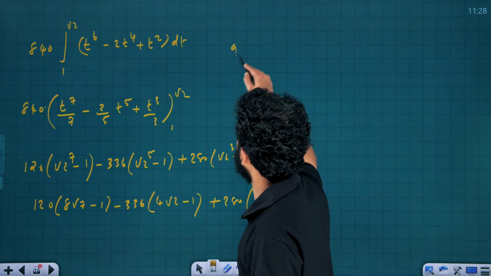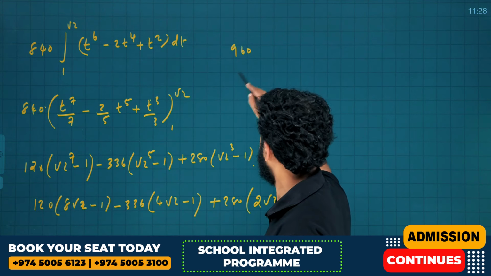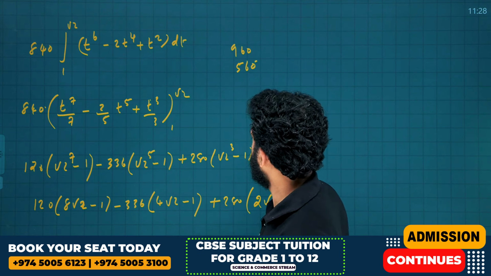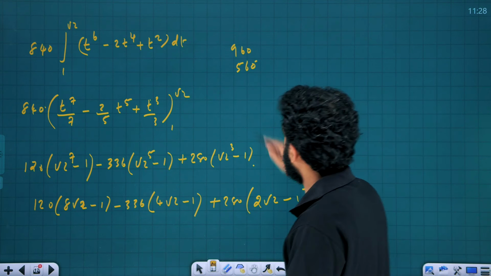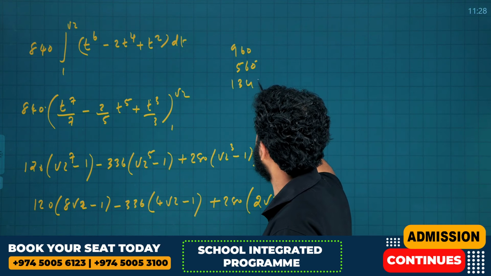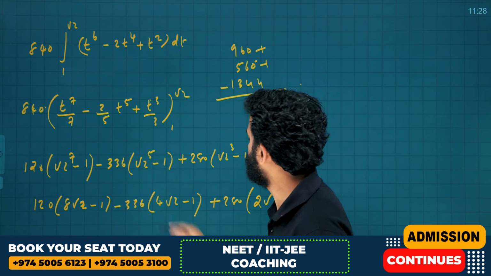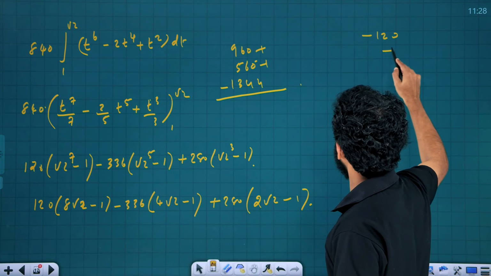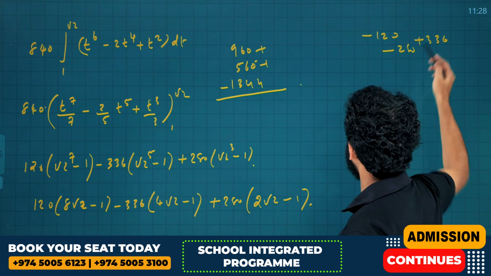960 root 2, plus 560 root 2, minus 336 into 4 root 2, that is 1344 root 2. Okay, and this will be minus 120, minus 280, plus 336, that is minus 400 plus 336.